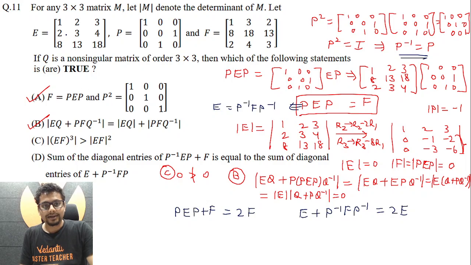Now clearly sum of diagonal elements, what you may say as trace, of E and F is same, 1 plus 3 plus 18, 1 plus 18 plus 3. And sum of diagonal elements of 2F will essentially be 2 times 1 plus 18 plus 3. And sum of diagonal elements of 2E essentially again will be 2 times 1 plus 3 plus 18, which is essentially the same. So that means D is also correct.